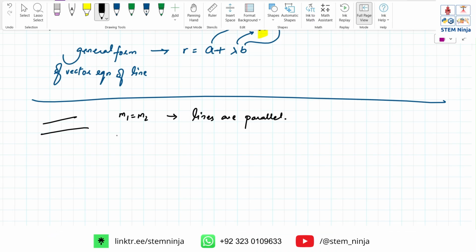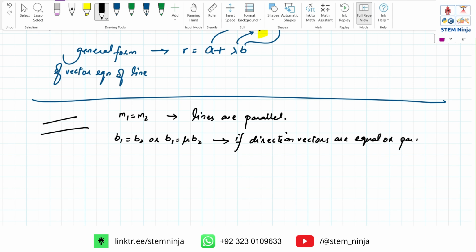Same way, if we have vector equations of lines, and if the direction vectors are equal or parallel to each other, the lines themselves are parallel.